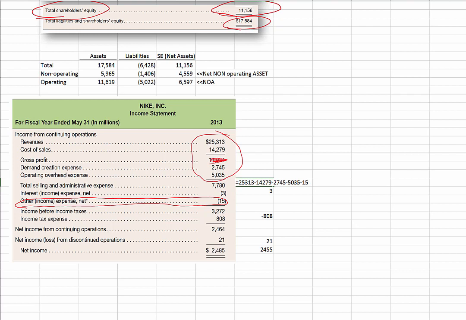That should be a plus 15 there. Even though it's listed as negative 15 on the face of the income statement, that negative is an income item.